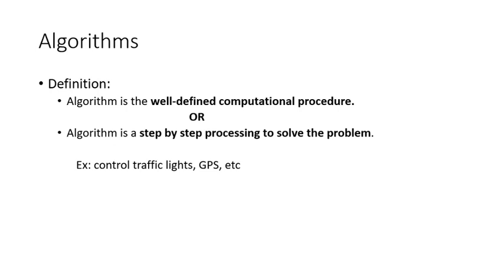So the simple examples of algorithms are controlling traffic lights and GPS. With the help of GPS you get the route from source to destination.